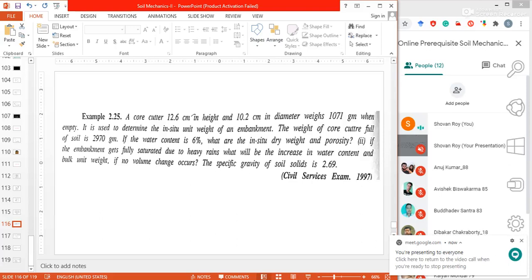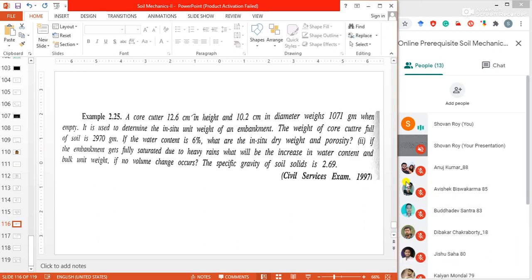Okay, today I'll show you some numerical problems, which you have actually solved in your soil mechanics, but when you solved them, you had no idea about compaction, or about the things involved in the numerical problem.